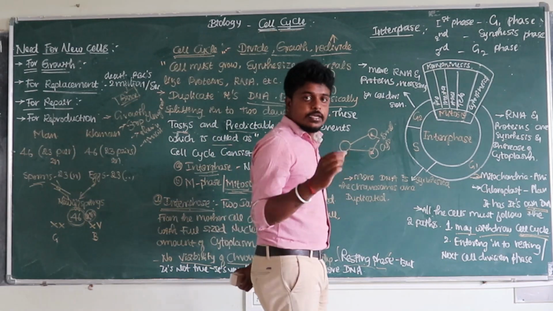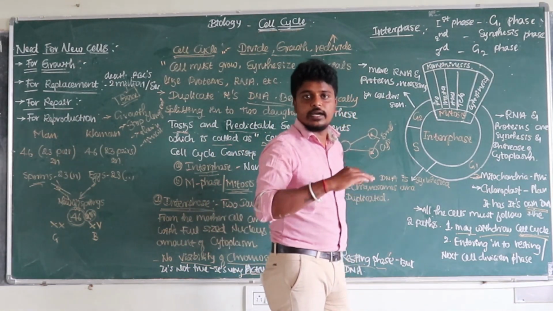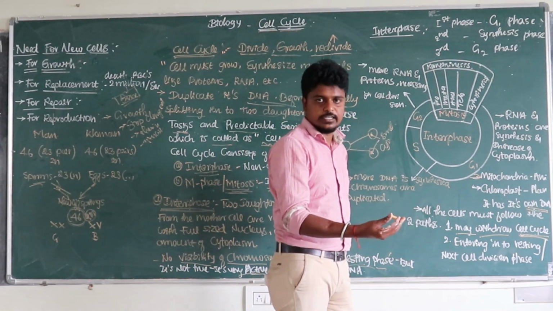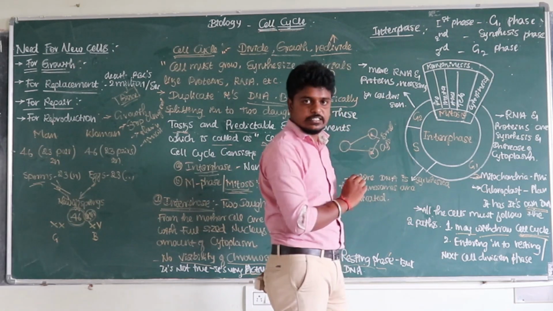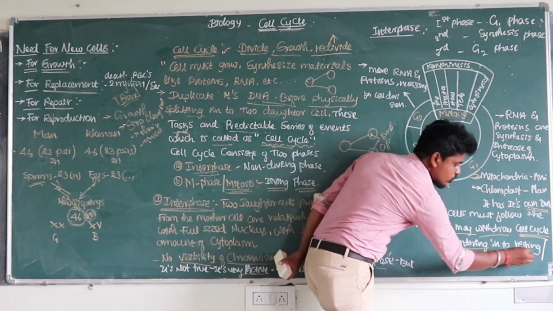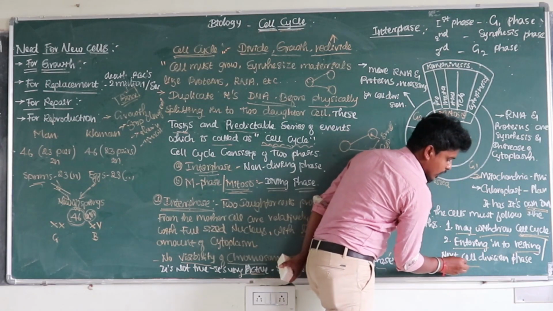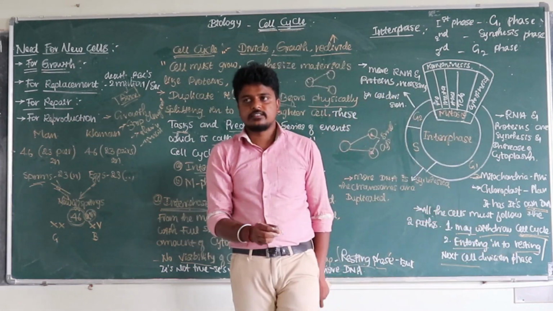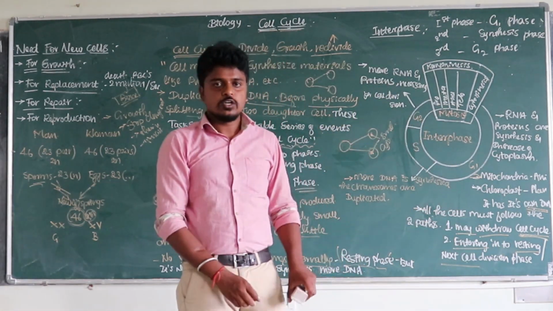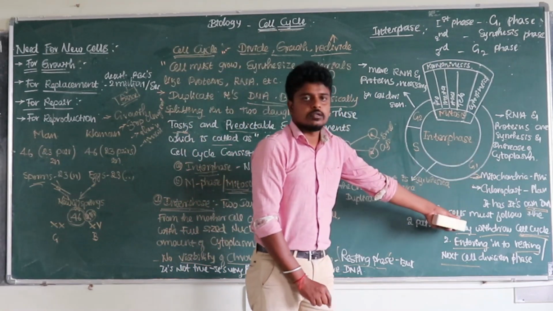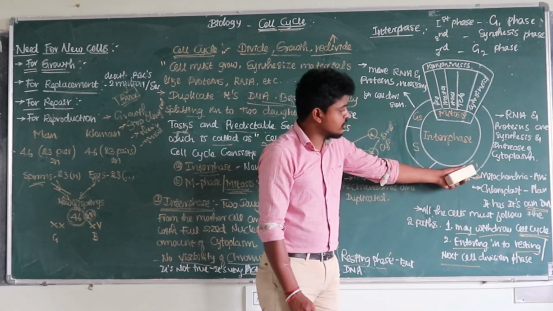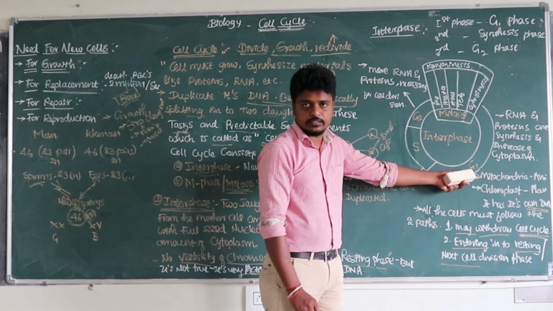If they are strong enough to enter the next stage, that is the S synthesis stage, they enter into the next cell division phase, that is the synthesis phase. So these are the most important points to follow in the G1 phase.